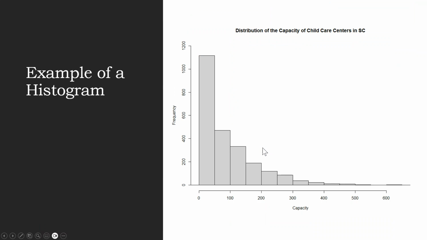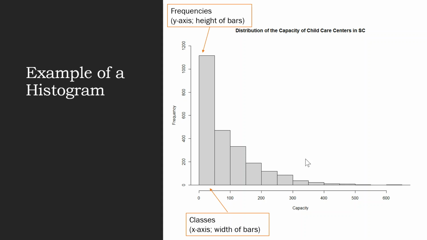I didn't make any adjustments to this one. I just went to R, entered my data, and asked it to give me a histogram, and this is the one I believe it gave me. I don't think I made any adjustments. So be aware that you may see different histograms based on the way they chose their classes.